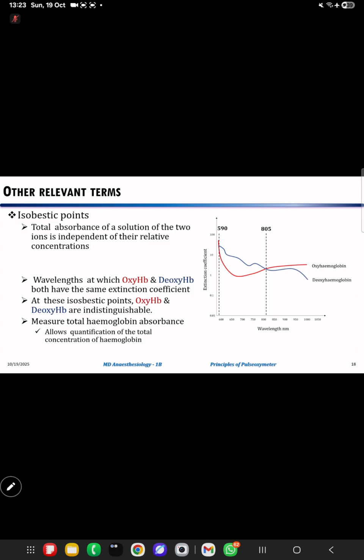So at these 2 points, if you use any of the lights which correspond to these wavelengths, you can't differentiate oxyhemoglobin and deoxyhemoglobin. So if you are using the isosbestic points, it can be used for quantification of the total hemoglobin concentration.